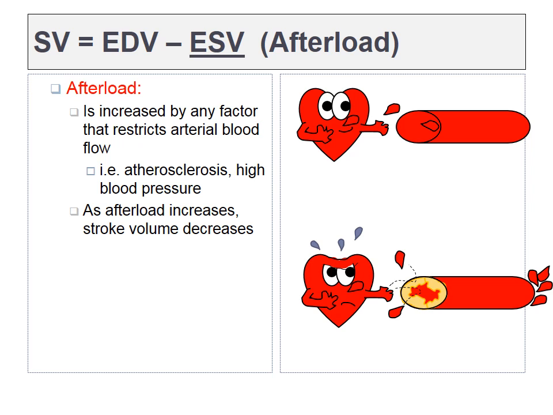Lastly is afterload, and this is going to help to explain why high blood pressure is bad for us. Afterload is blood pressure. If I have low blood pressure, it's going to be fairly easy for the heart to pump blood into the aorta and pulmonary arteries. But if I have high blood pressure, due to arteriosclerosis or other reasons, that means there's more force that the heart has to work against to try and get that blood into the arteries. And that might mean more blood is left over.